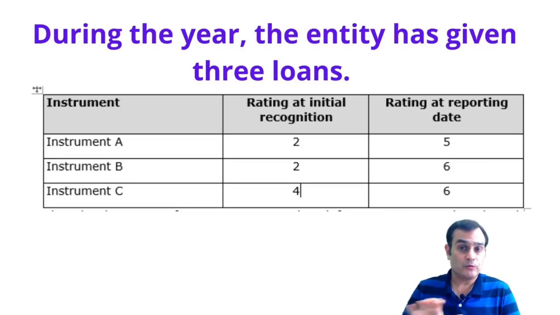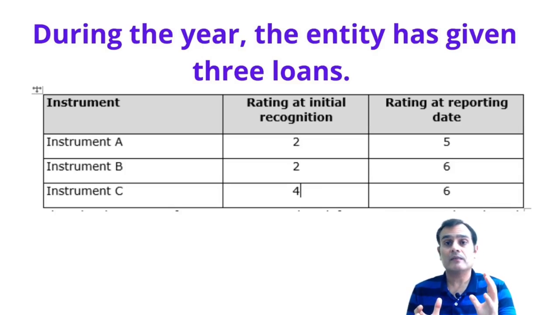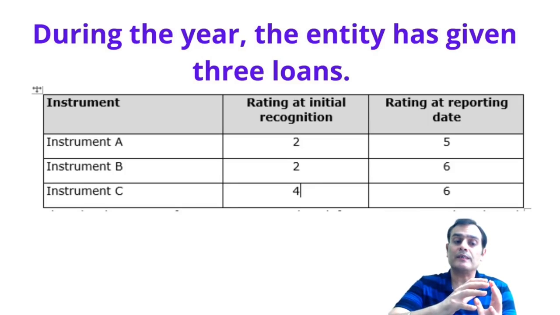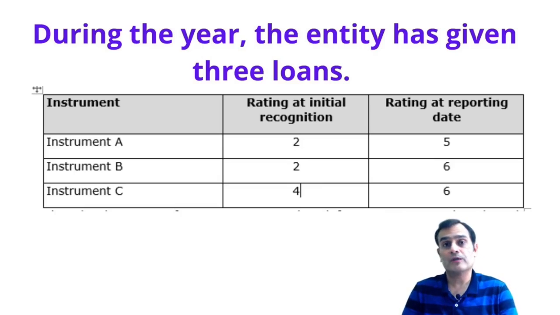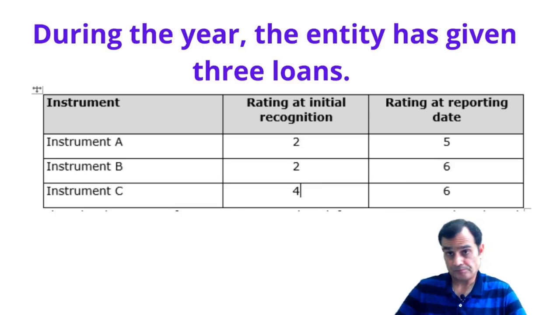So of course, we are not looking at a situation where we're entering stage 3. We first need to take a presumption at the back of the mind that right now, on instrument ABC, I'm currently applying a 12 months ECL. Now I want to take a decision: should I continue with a 12 months ECL or should I go for a lifetime ECL approach?